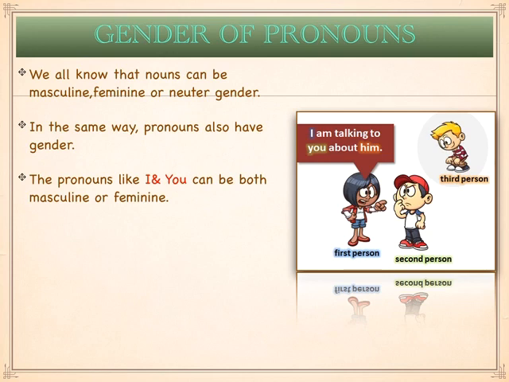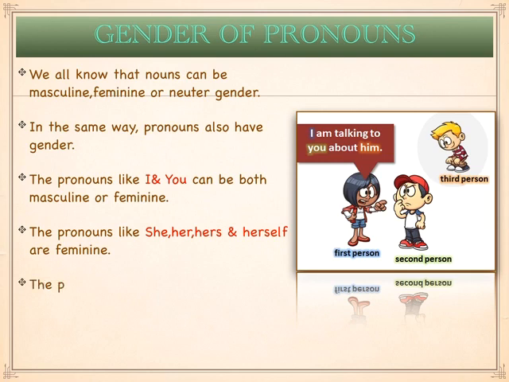That means that the first person and the second person, that is I and you or we, they can be masculine or feminine. Now the pronouns like she, her, hers and herself are feminine. The pronouns like he, him, his and himself are masculine.